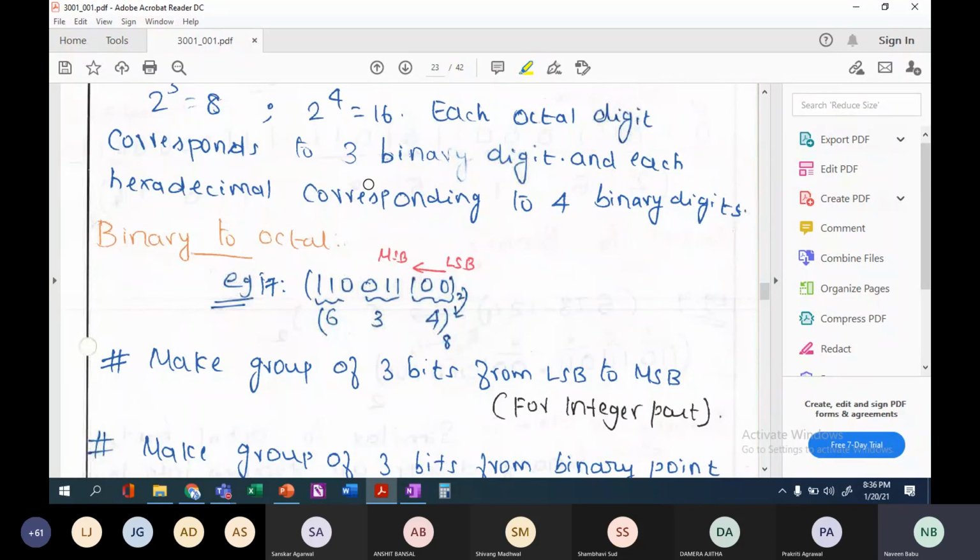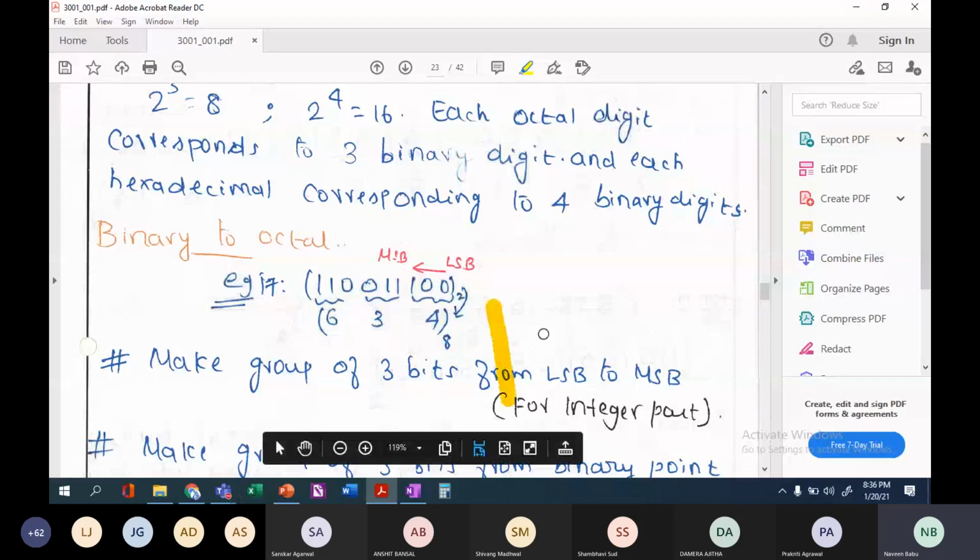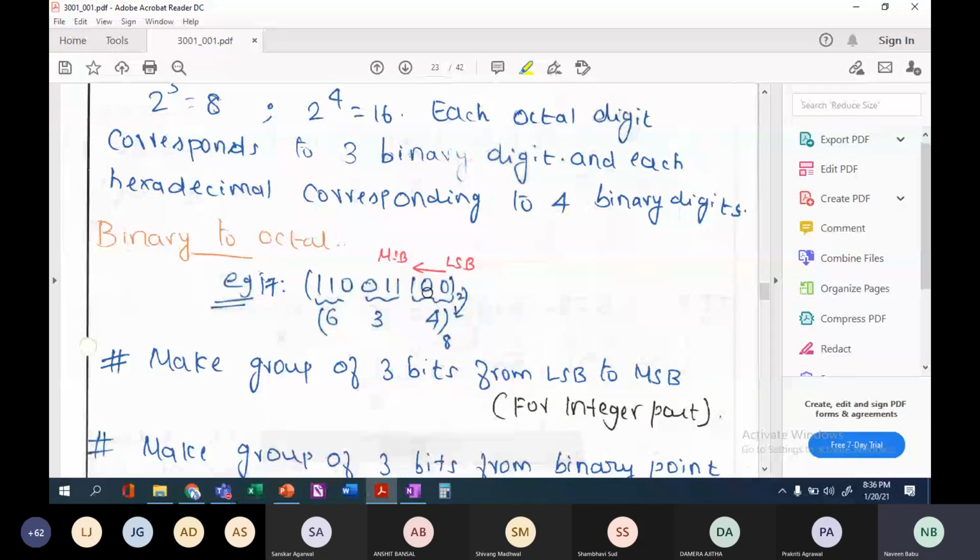So hence for an octal, since we have 8 different symbols, we are grouping them into 3. In case of a hexadecimal number system, we have 16 symbols, and hence we are grouping them into 4. So we used to group in terms of 3 like this.